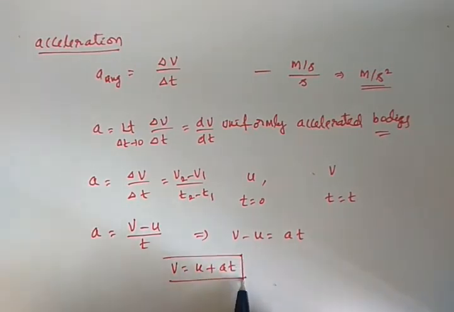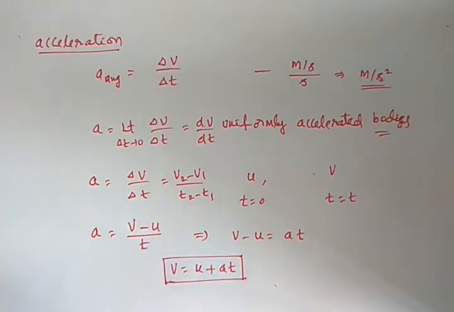This is the final velocity of the body after time t, if the body is moving with a uniform acceleration a and starting with velocity u. Here v is the final velocity of the body, or the velocity at time t, and u is the initial velocity of the body.